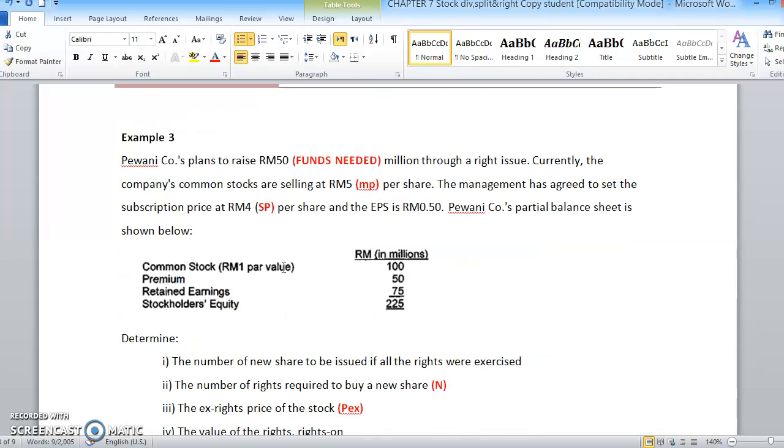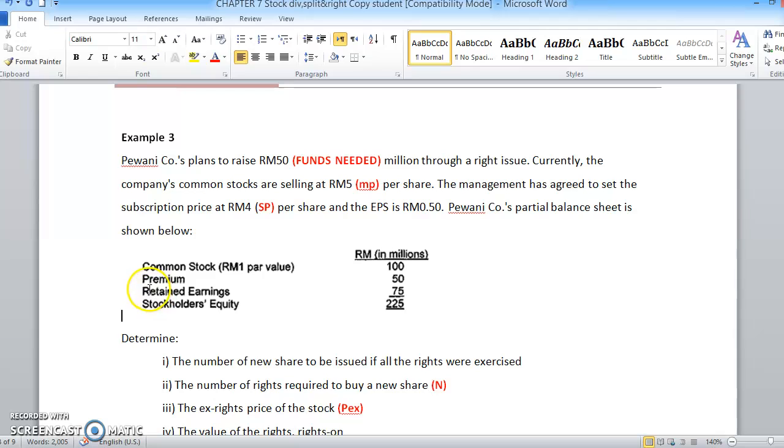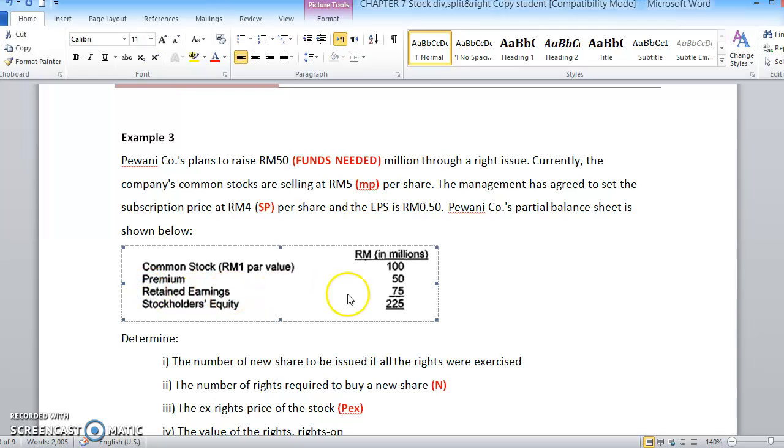Untuk rights issue, kena ingat yang major changes yang berlaku adalah biasanya di sini common stock, jumlah premium. Retain earning however kekal sama because right issue tidak akan effect jumlah retain earning.